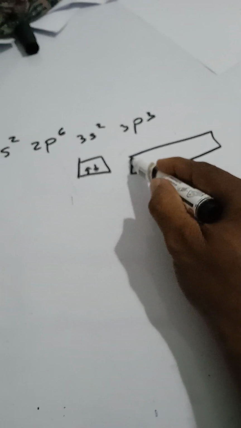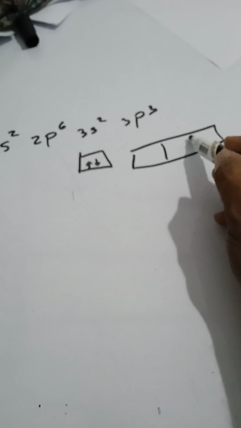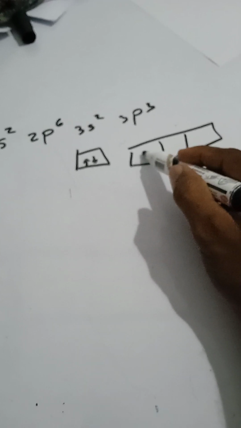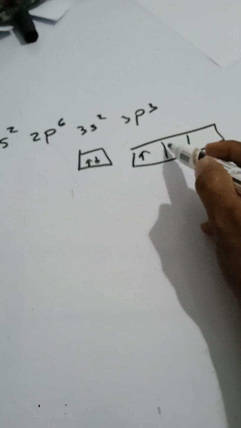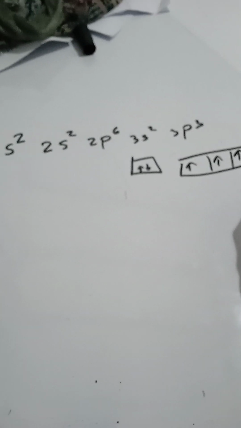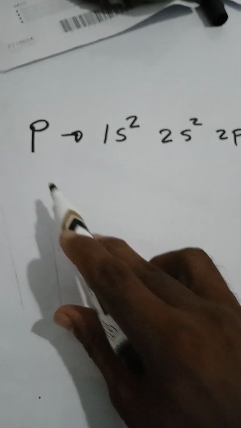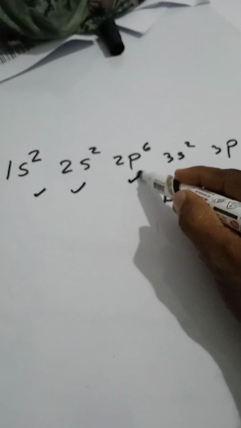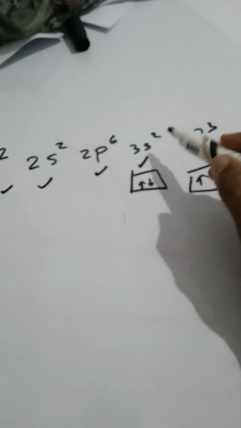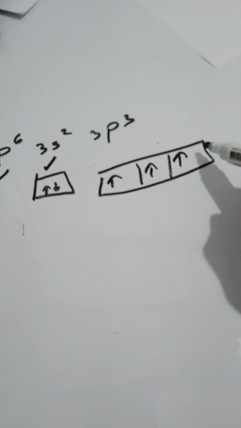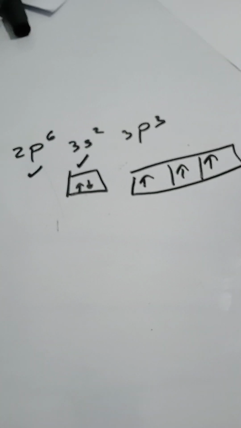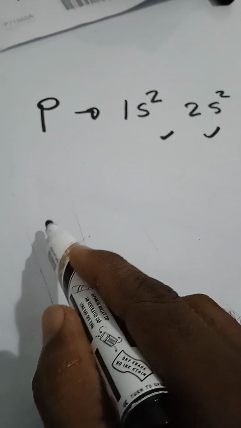The p level is divided into 3 orbitals. 3p3 means each contains 1 electron. So in phosphorus, 3s2 is completely filled and 3p3 is half filled. So it's moderately stable.